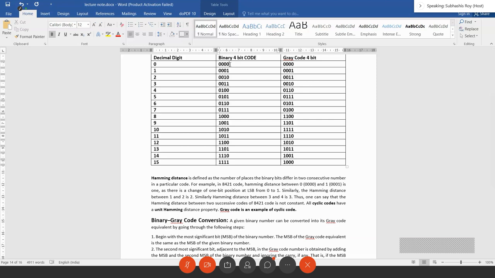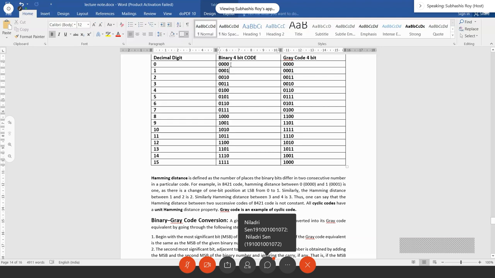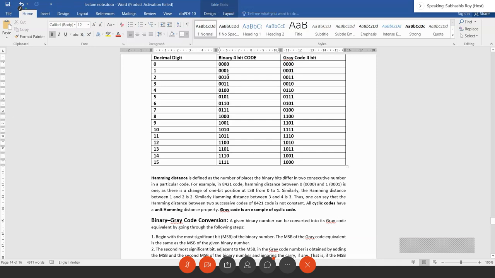How many bit positions have changed here? 0 is 0000, and 1 is 0001. So one bit position has changed, the LSB position, 0 to 1. How many bit positions change in a particular format gives you the Hamming distance.